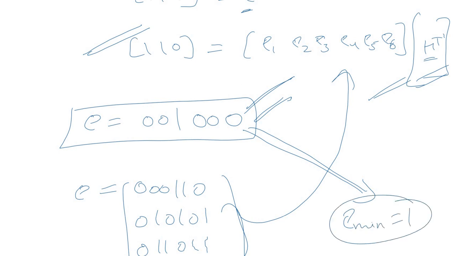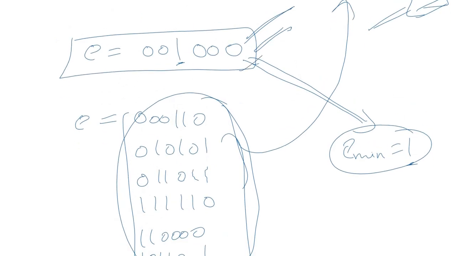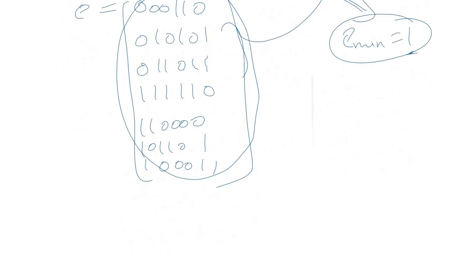Weight is the number of ones in the given vector. So you will find that this error vector has only a single one, so the error weight here is 1, while in all these combinations you will find the error weight is more than 1. So this will be the suitable error vector that we are looking for, and hence the generated code word would be R modulo 2 addition E. We know the value of R, we have derived the value of E. R was 1 0 0 0 1 1.